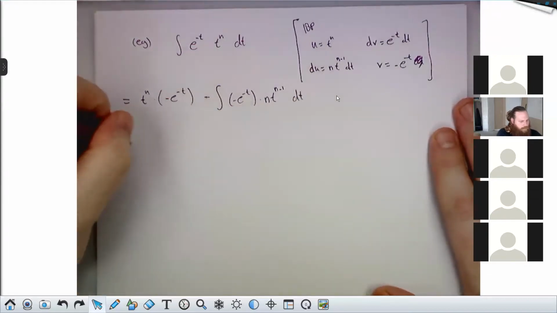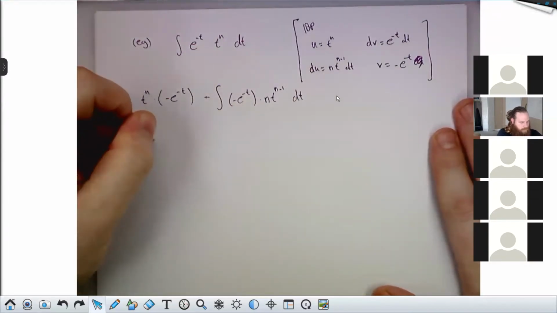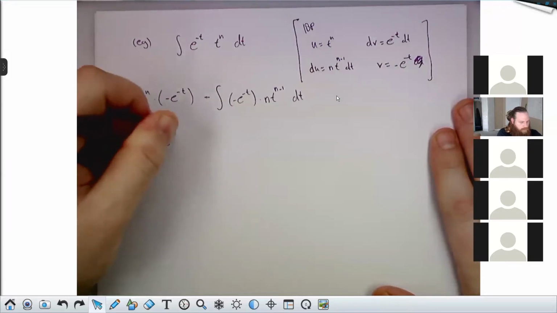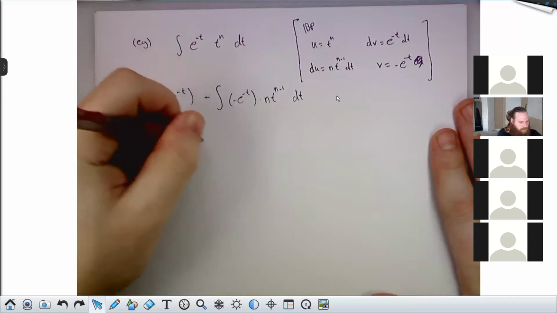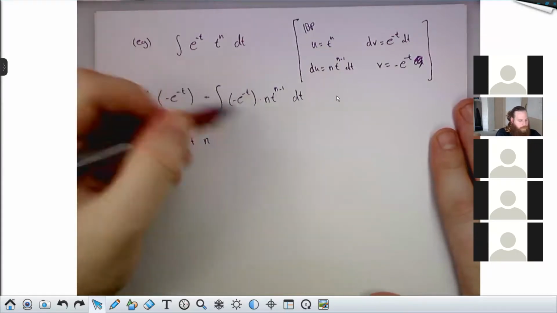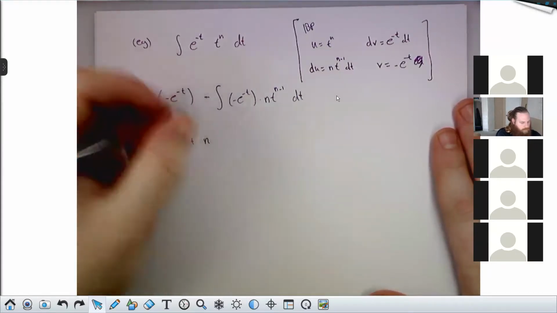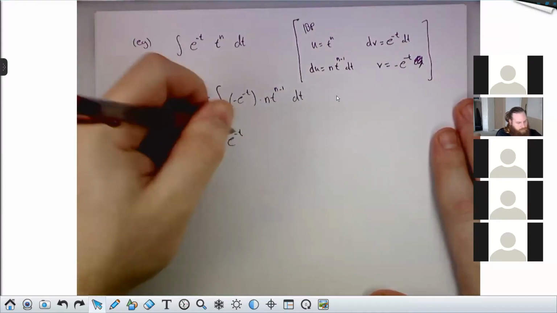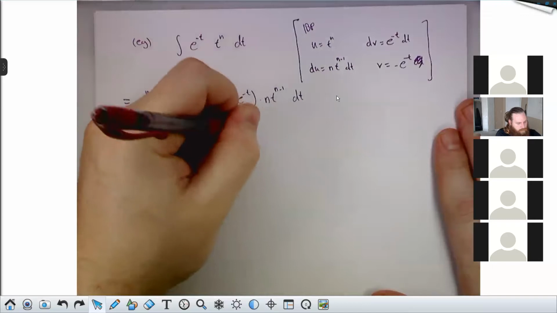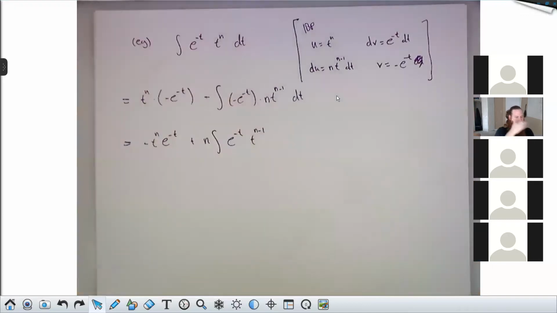So something kind of neat happens here. We'll have a negative t to the n e to the negative t, and then the two minus signs here will make a plus. The n can come out because it is a constant, and what's left is e to the negative t times t to the n minus 1.